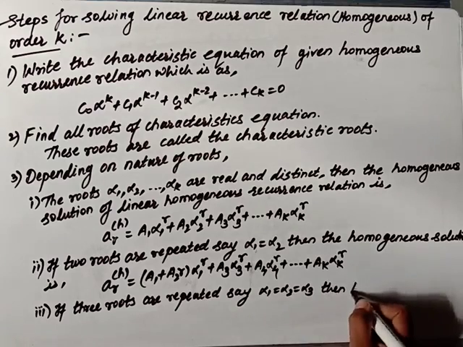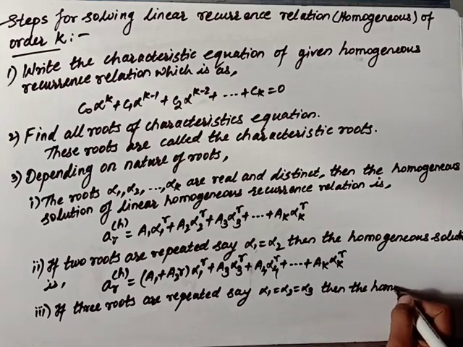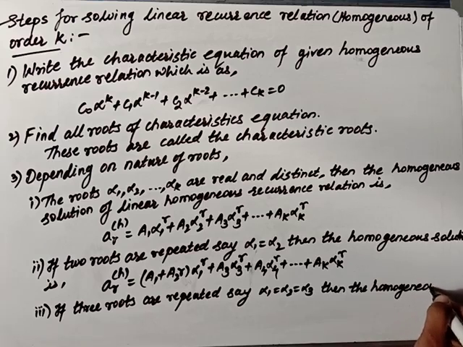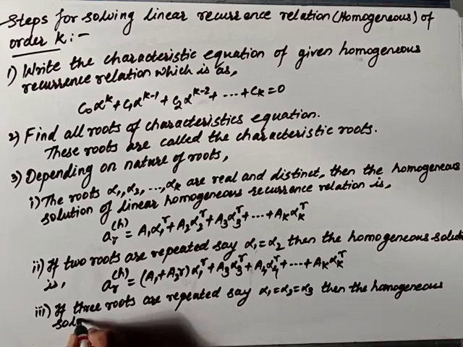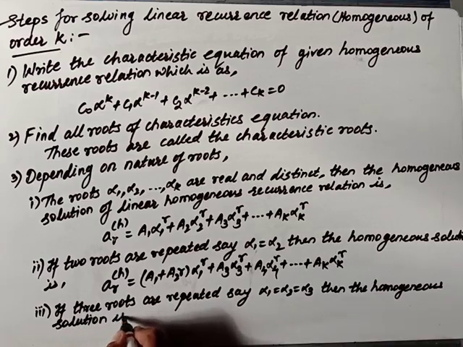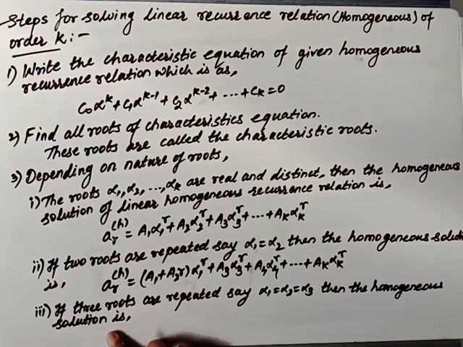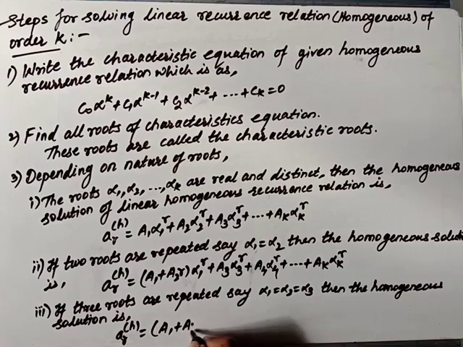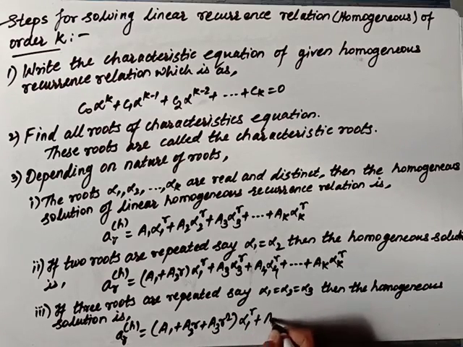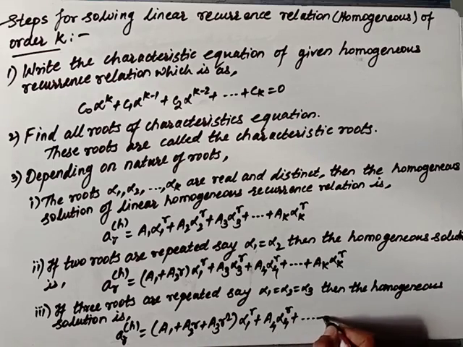Then the homogeneous solution is a_r^(H) = (A1 plus A2 r plus A3 r square) alpha 1 raised to r, where three roots are covered here, plus A4 alpha 4 raised to r plus so on Ak alpha k raised to r.